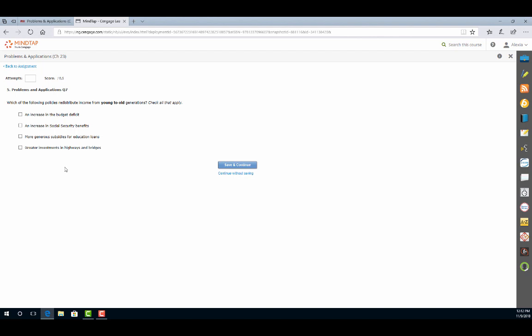You want to check all that would apply. So if we increase the budget deficit today, that means the government is spending more money today than the tax revenue they're bringing in. But ultimately, someone down the road is going to have to pay for this. So I think that gives you your answer there.